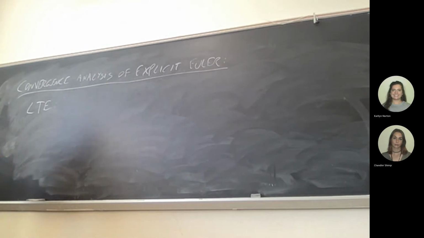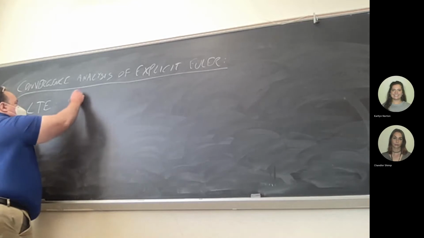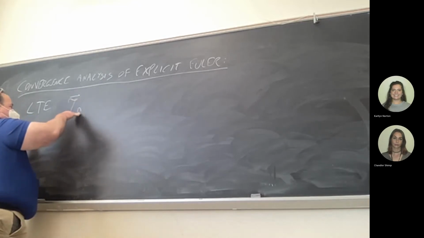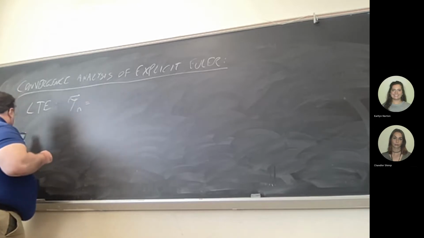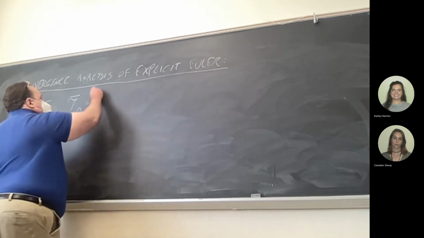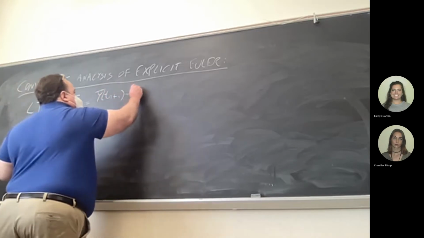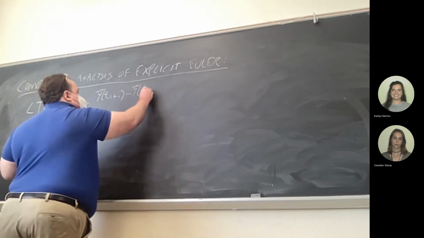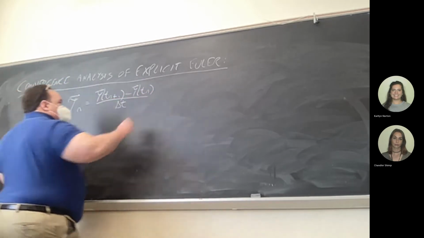Local truncation error in whatever problem you're applying it to is always about substituting the exact solution into the numerical method. So the local truncation error at time t_n is equal to, in this case, substituting the exact solution at times t_{n+1} and t_n, over delta t, minus f.